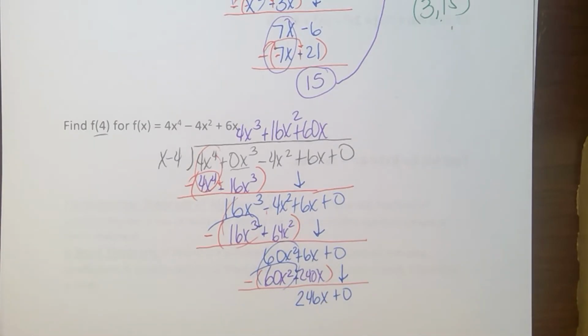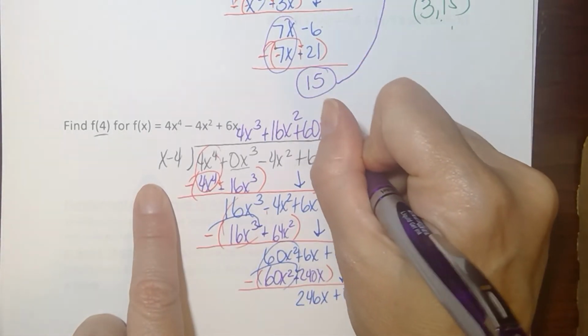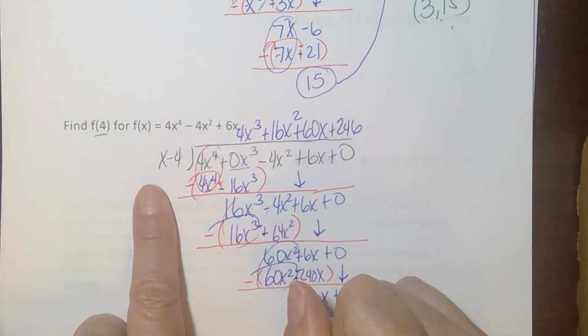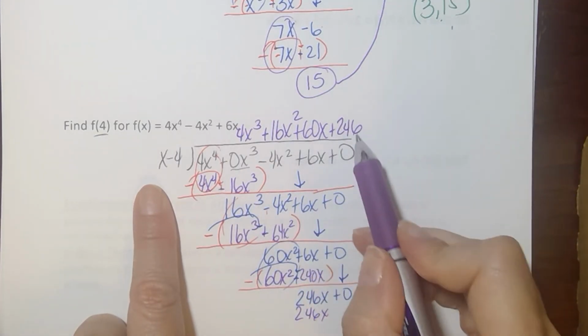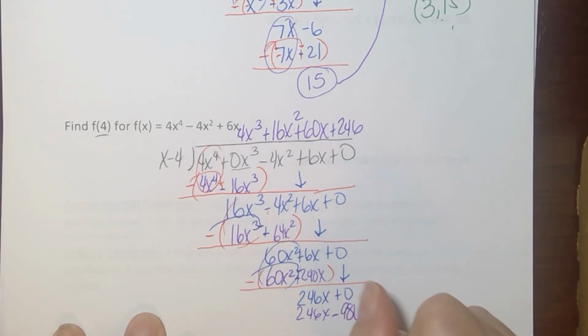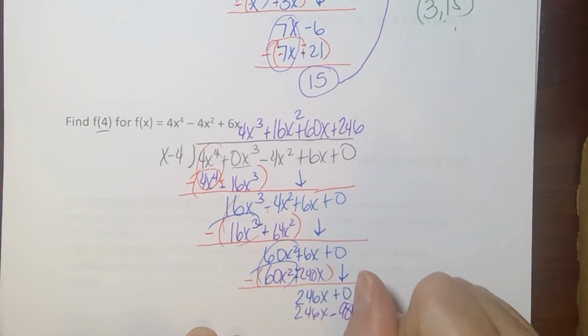Next step, last time through. What times x gives me 246x? Well, a positive 246. Multiply. I get that matching term. And then 246 times negative 4, you're going to need to plug that into your calculator. I have it written down. I get a net minus 984, not 86. Guys, I got in a hurry. Minus 984.